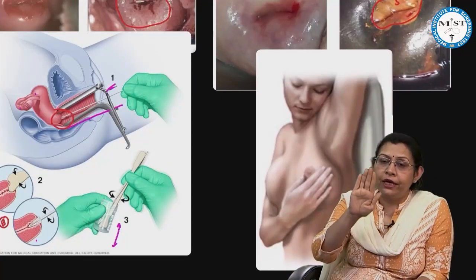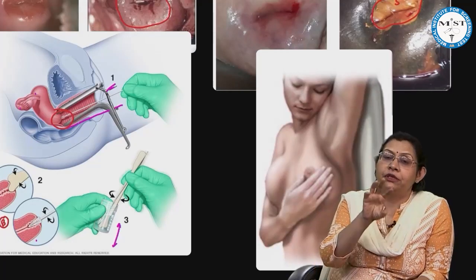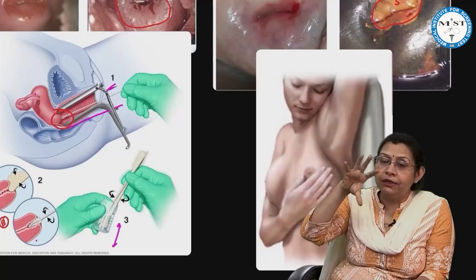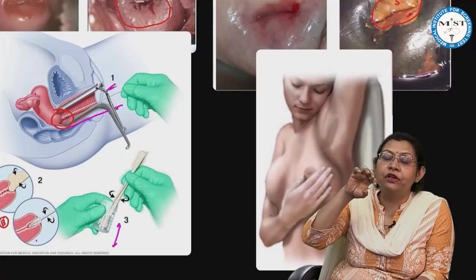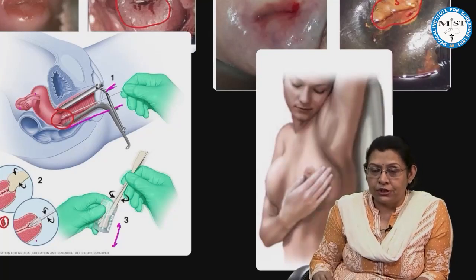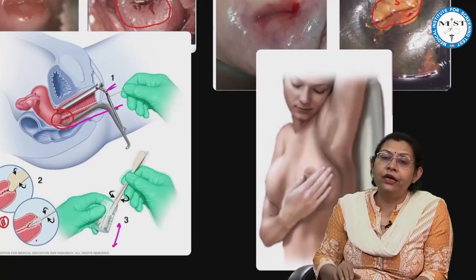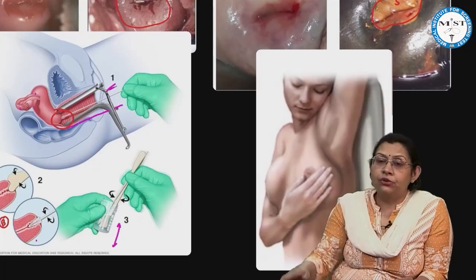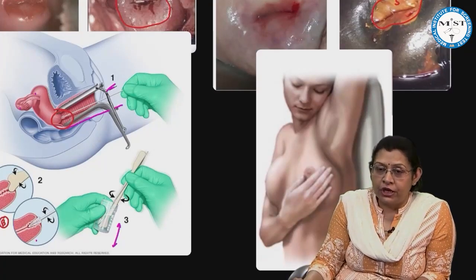If she palpates with the fingers, then the fat globules may also give a feeling of a lump, and it can be a misinterpretation. So if she finds any lump, then she should go to a clinician for further evaluation.